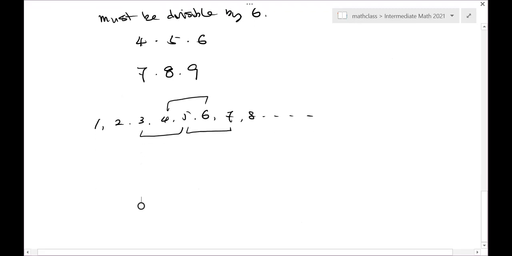Let's talk about the prime numbers, because when we try to express a number as a product of some numbers, we need to understand the concept of prime numbers.